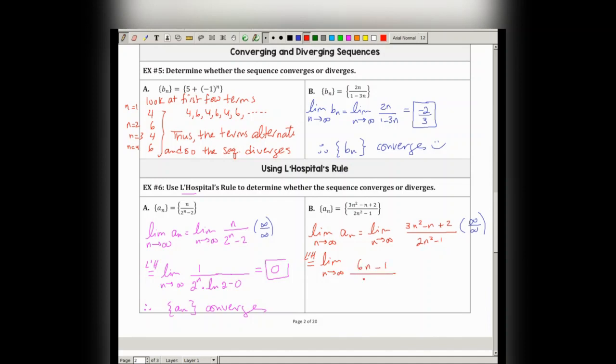Derivative of the bottom is 4n. And then take the derivative again. So L'Hopital's rule again. And we got 6 over 4, which reduces to 3/2. And so therefore, a sub n converges.